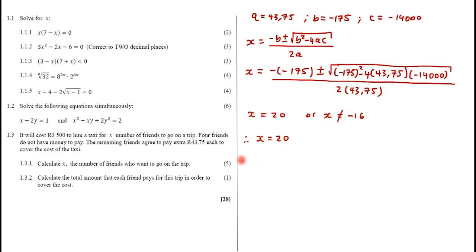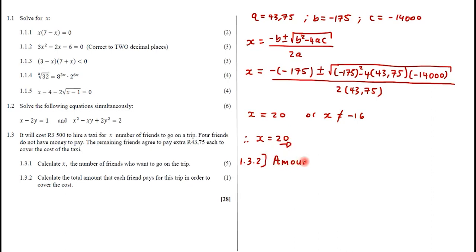All right, so now 1.3.2 says now calculate the amount that each friend pays for this trip in order to cover the cost, right? So we know that initially we had 20 friends paying, which is the answer we got here, but now 16 of those friends are paying, right?